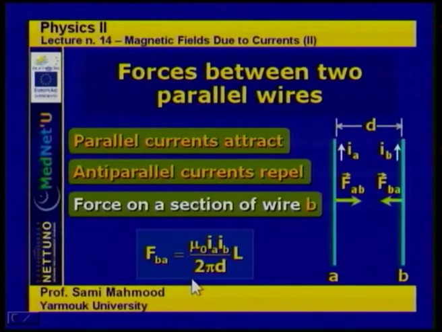Suppose that we are calculating the magnetic field due to wire A at a distance d from wire A, because at a distance d lies wire B. So in order to calculate the force, we have to calculate the magnetic field due to A at a distance d from it. That is equal to mu naught times IA, the current, divided by 2 pi times the distance d to that point of interest.